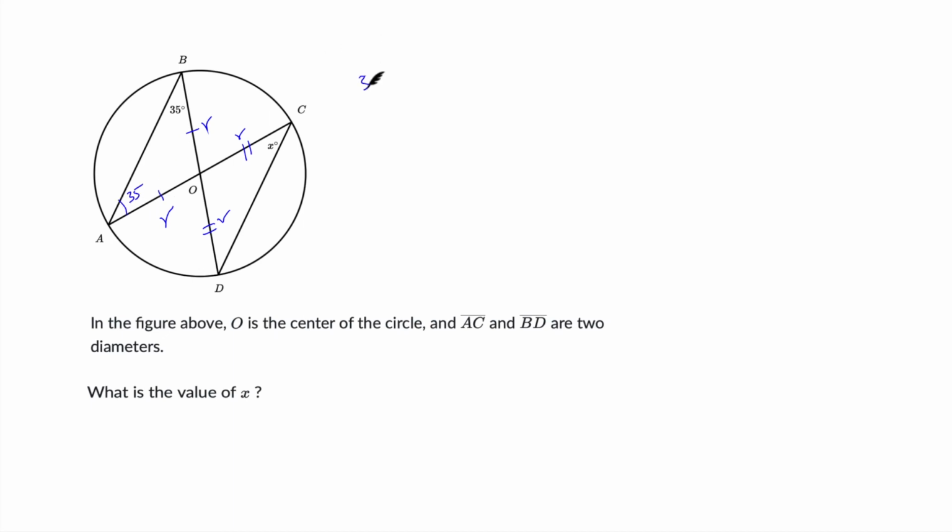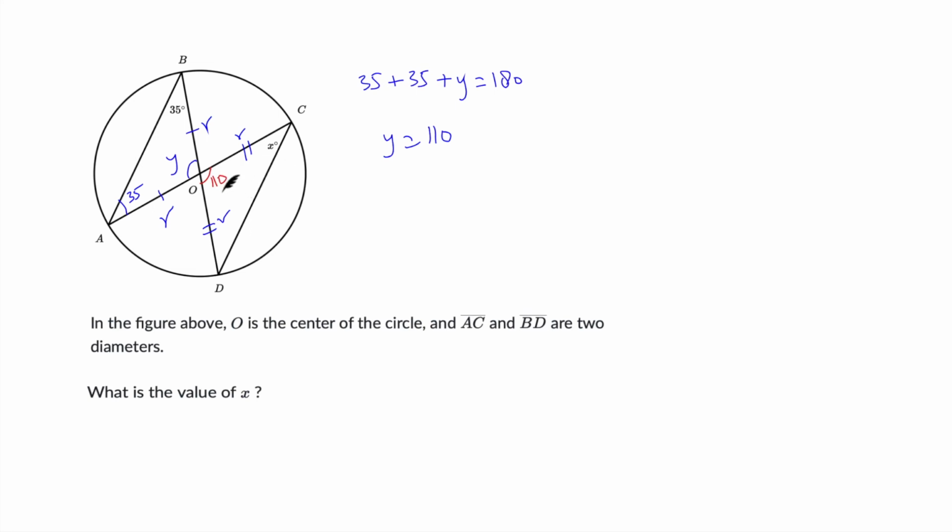So 35 plus 35 plus angle y should give us 180 degrees. Y is basically 180 minus 70, which gives us 110. Now let's have a look at this triangle, that is OCD. So if y equals 110, then this angle should also be 110 because it is vertically opposite. We have already studied this.